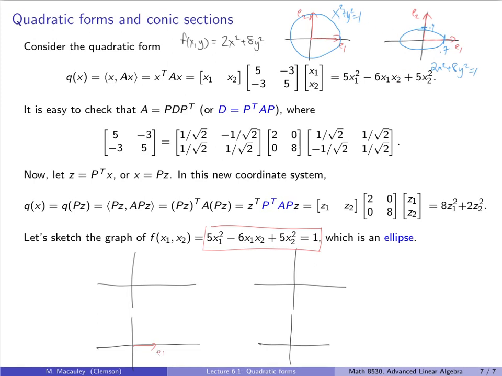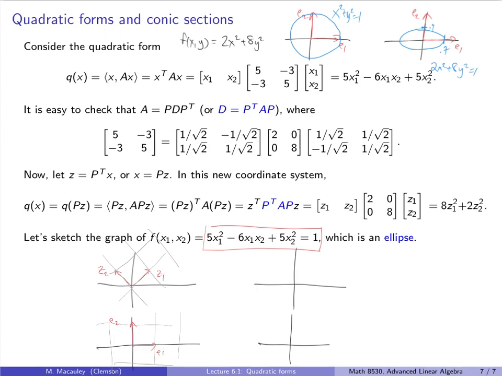So this is E1, this is E2, and that defines this coordinate system, this grid. Then up here this is Z1, and this is Z2, and I'm going to sketch this coordinate system, or this grid.